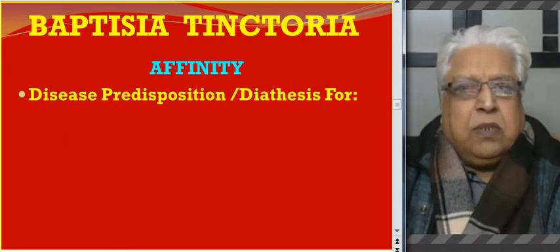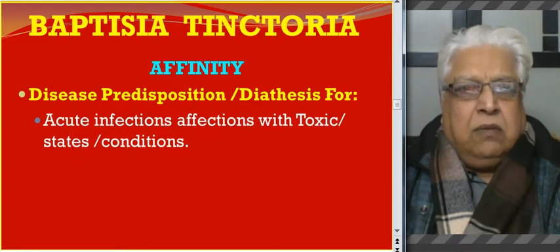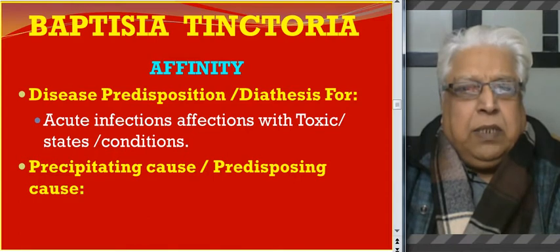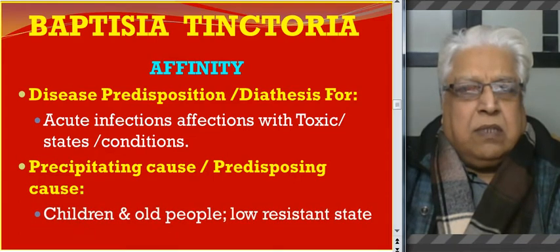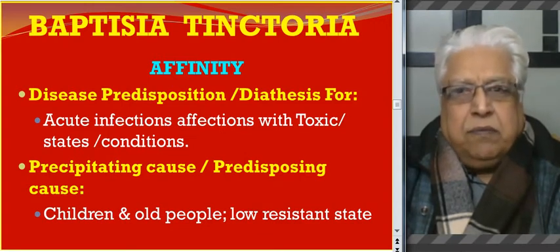Disease predisposition or diathesis of this particular medicine is for acute infectious and toxic states. Precipitating and predisposing causes include the children and old age people. Why? Because they have low resistant state.